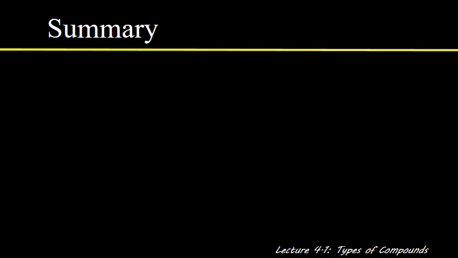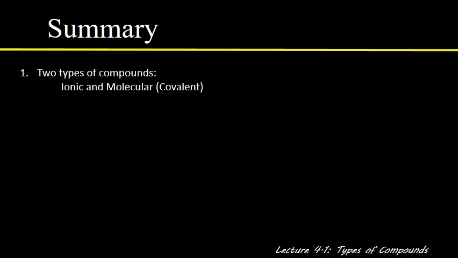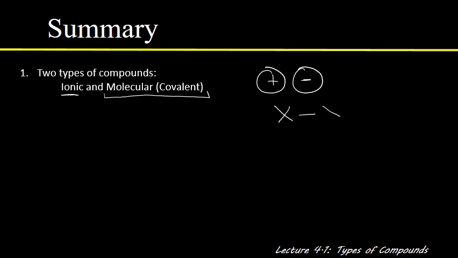Okay, so what we looked at in this video, we're looking at 2 types of compounds, ionic compounds and molecular compounds, and we'll use these 2 terms, molecular and covalent, as synonyms, right? An ionic compound is one that's formed from a combination of a cation and an anion, whereas a molecular compound is something formed by two or more atoms joined together by a covalent bond.